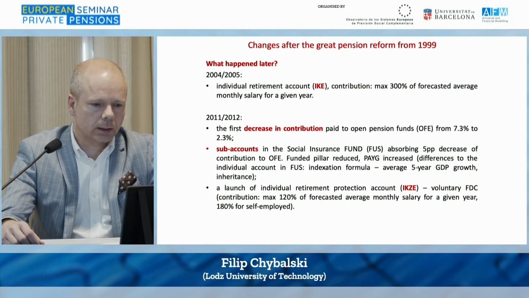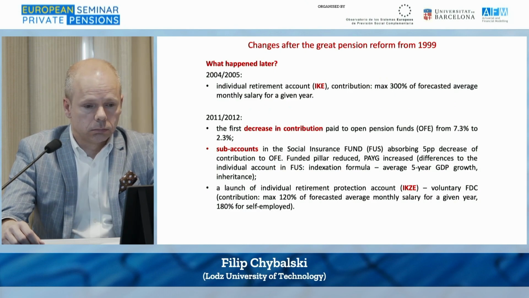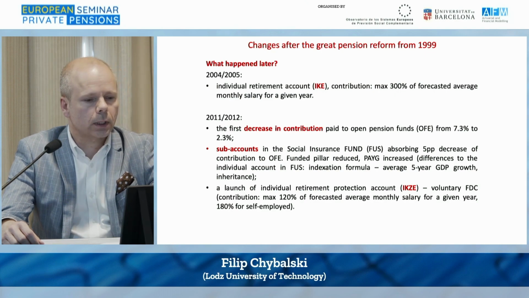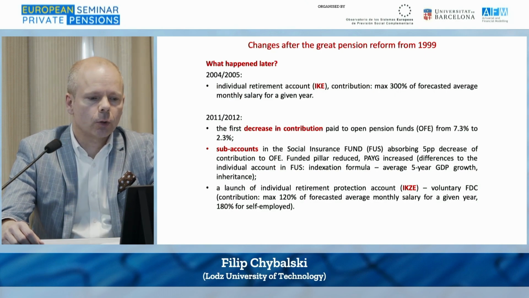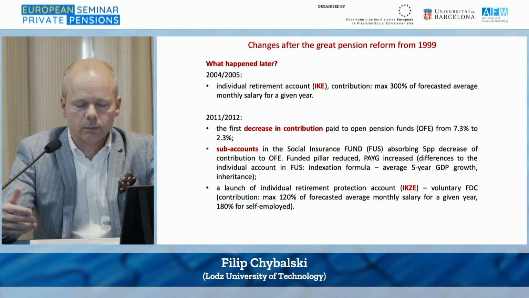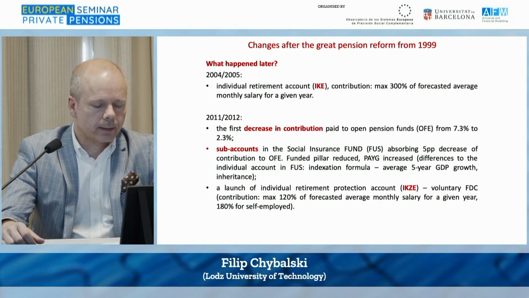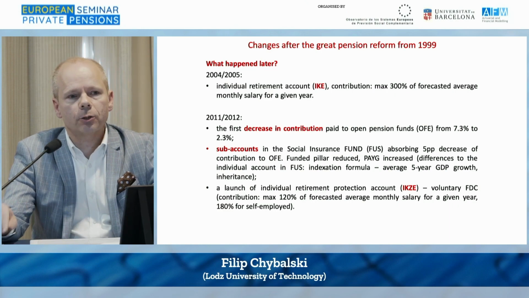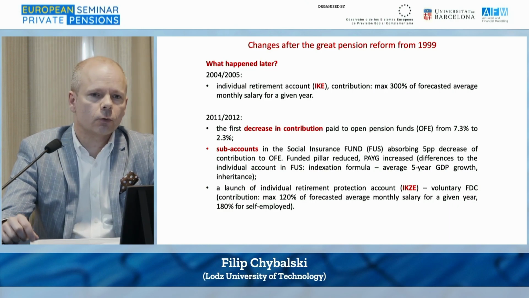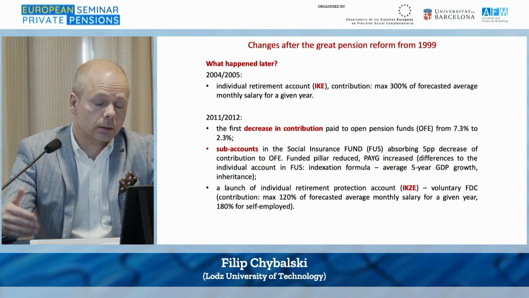What happened later? In the years 2004 and 2005, IKE, individual retirement accounts, were introduced to develop the third pillar. And in the years 2011-2012, we have the first retreat from the pension reform of 1999.